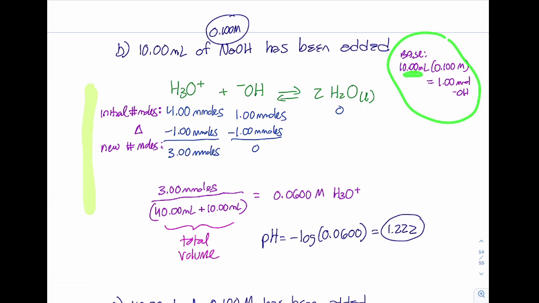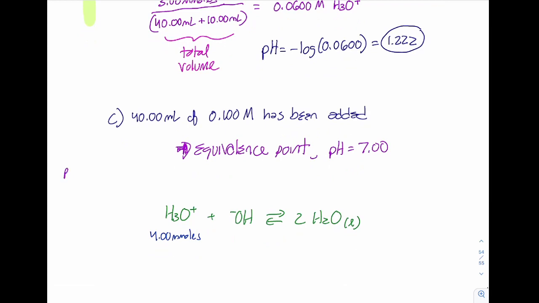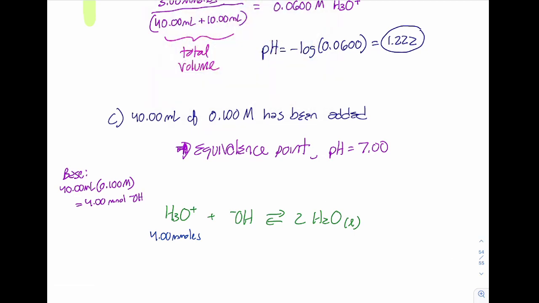I'm going to take my volume and multiply it by its concentration. So for my base, I have 40 milliliters multiplied by 0.100 millimoles per milliliter. Milliliters will cancel, and I'm going to be left with 4 millimoles of my base. So that's the number that's going to go into my table.